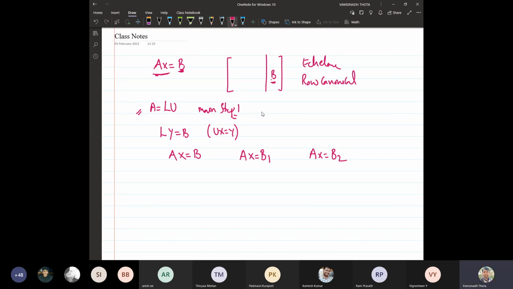There may be problems where you need to solve a system of linear equations a number of times, in which the coefficient matrix is the same, whereas the constant matrix changes every time. So the disadvantage of the echelon or row canonical method is that whenever the constant matrix changes, you need to start again from the first step.